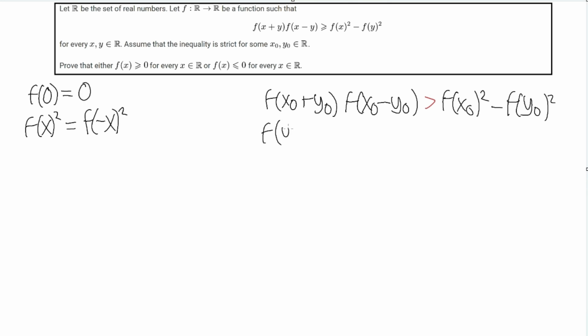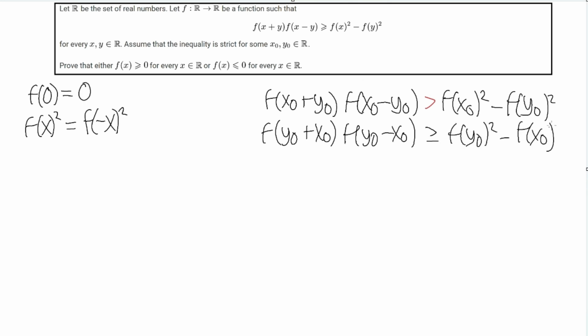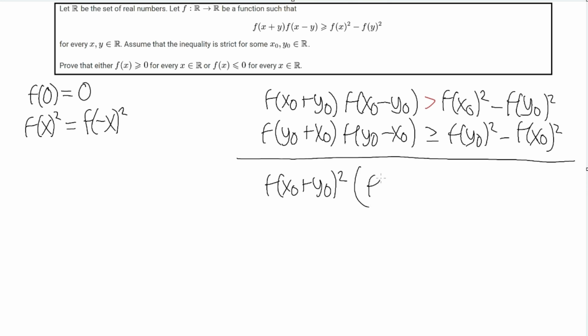And similarly, f of y0 plus x0, f of y0 minus x0 is greater than or equal to f of y0 squared minus f of x0 squared. And then adding the two gives f of x0 plus y0 times f of x0 minus y0 plus f of y0 minus x0 is greater than 0. And this should not be squared.